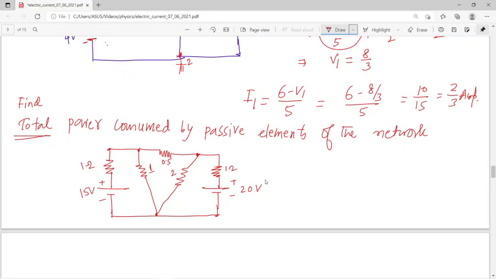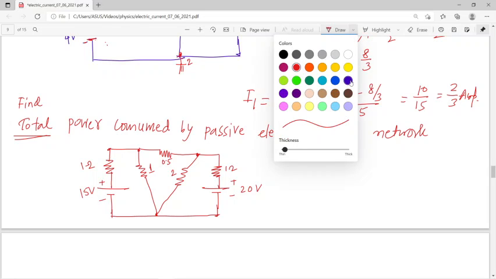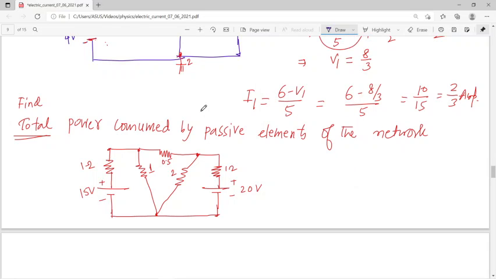So you have to find the total power consumed by the passive elements, which means you have to find the current in each branch. In that case, we are not bothered about the directions.